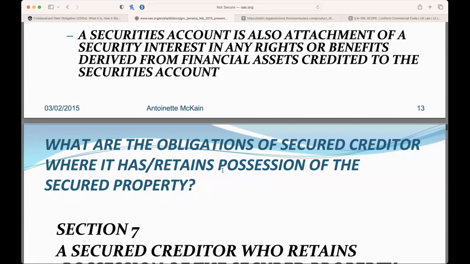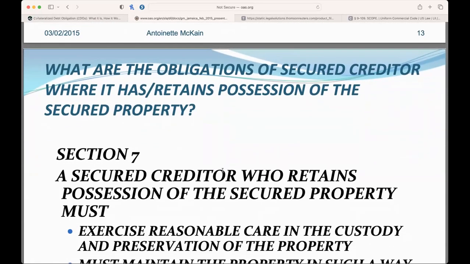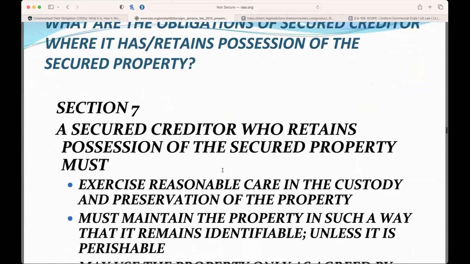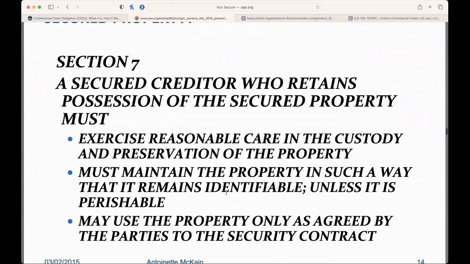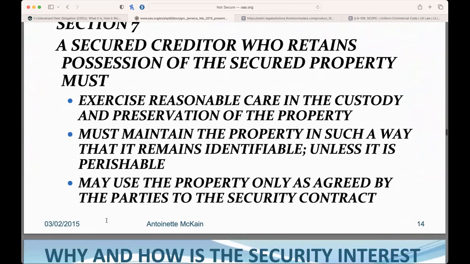They can't. Section 7: A secured creditor who retains possession of the secured property must exercise reasonable care in the custody and preservation of the property, must maintain the property in such a way that it remains identifiable unless it is perishable. Look at that. It's telling you, may use the property only as agreed by the parties to the security contract.